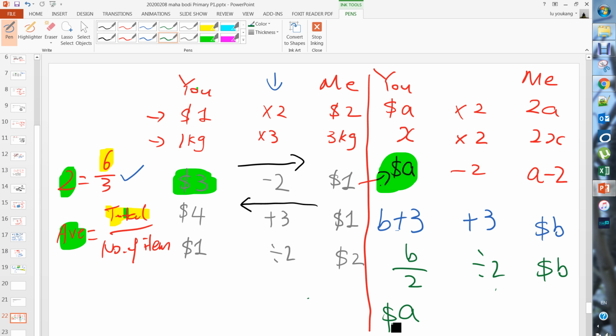So this one is algebra, right? What do you need to do first? You need to think of a number example. So let's say you have, what number do you want here? 2. Okay, 2. So I have half as much as you. So how much do I have? So I have half of 2, as much.